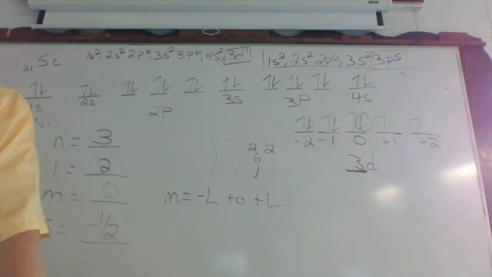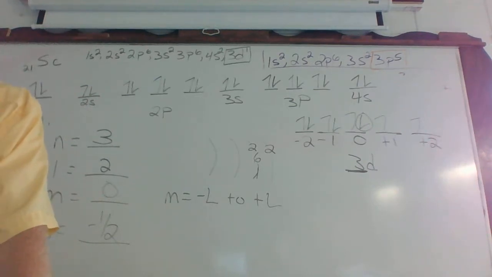Back up to the last line on page 107. It says the values of L allowed are 0 and all positive integers less than or equal to n minus 1. So what that means is, if you put 1 in for n, 1 minus 1 gives you what? 0.